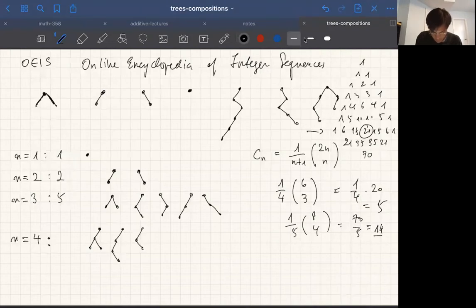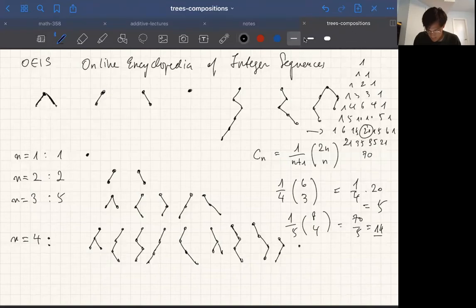So there should be 5 of these, right? The first one goes left, and then these 2. Now the same thing, but we go right first. Right, and then we have this guy. Right, and then we have left, right, right, right, left, right, left, left, right, and then right, right.